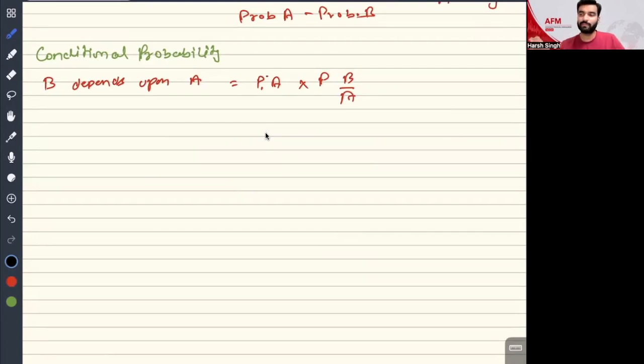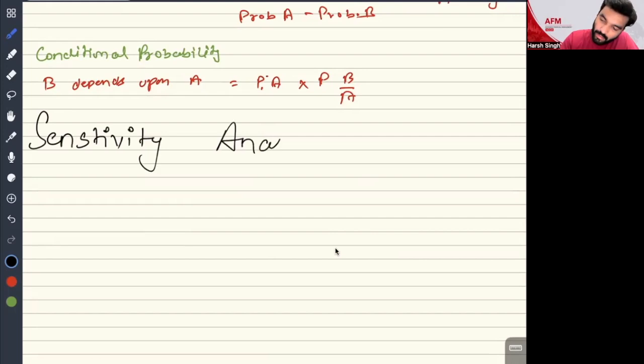Okay, if something is changing, how will that affect my particular variable? That is my sensitivity analysis.